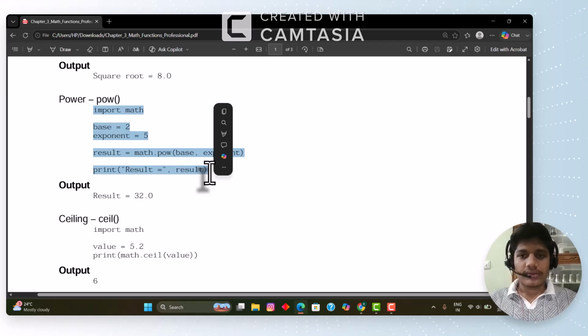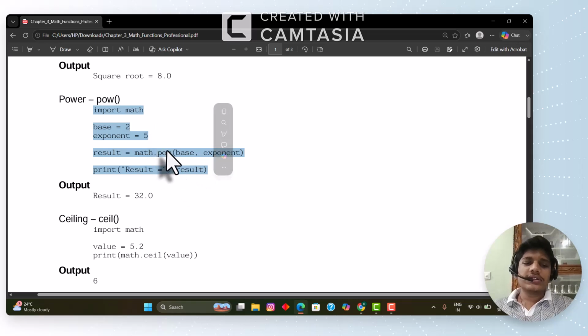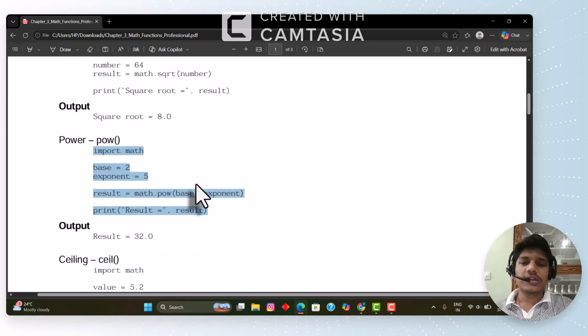Because of the way the functions are designed, both square root and power of the math functions give the result as a float data type. So this is the float type.